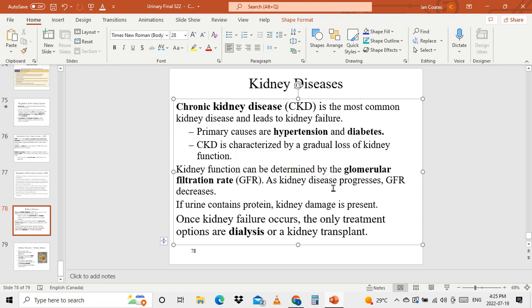As the kidney disease progresses, the GFR decreases, so the ability of the kidneys to filtrate goes down substantially. If urine contains protein or glucose, kidney damage is present. Once kidney failure occurs, the only treatment options are dialysis or a kidney transplant.